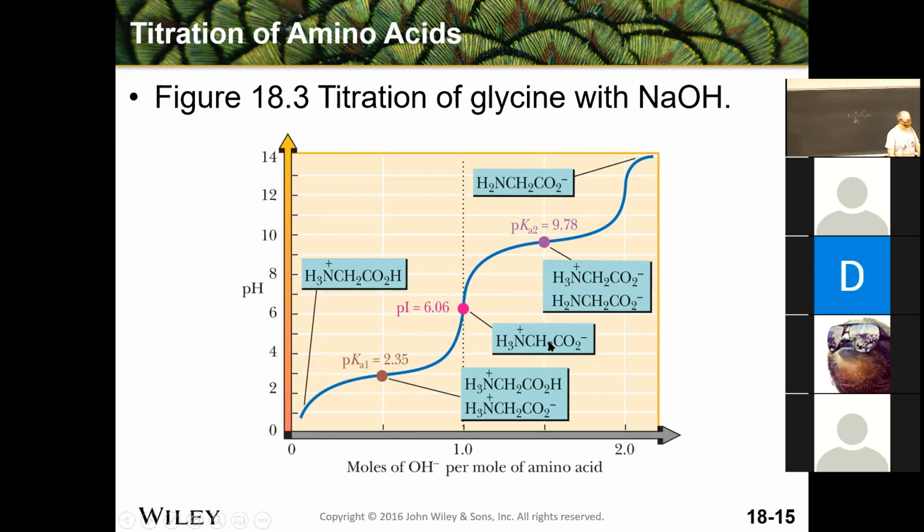And then, since this is a diprotic acid, at the first equivalence point, the pH will equal the isoelectric point, and this zwitterion will be the dominant species. And then we'll have a second equivalence point up here, second buffer region.